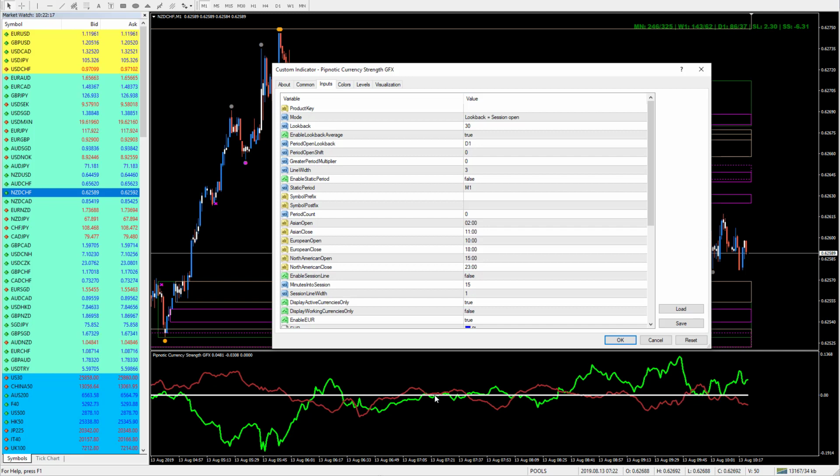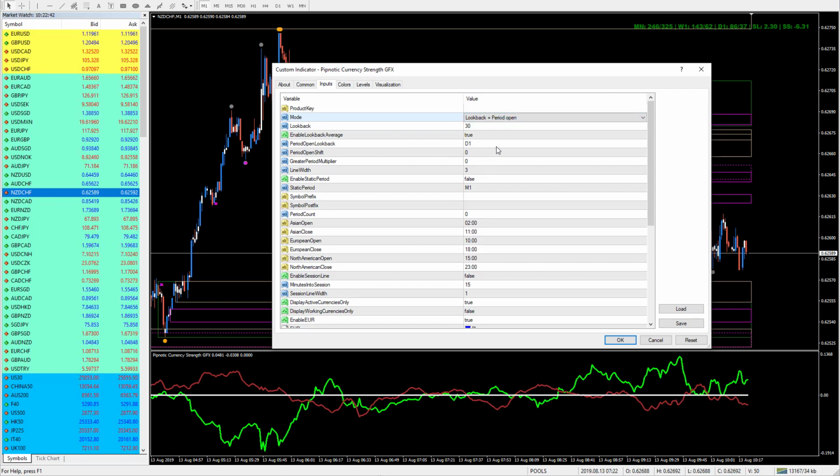It's a phenomenal tool, and it's very configurable. There are videos that discuss this, but you can tell it to calculate currency strength since the beginning of sessions. You can set it to some standard look back period, which could be 30 periods, whatever period you're looking at. But it can also be used to look for currency strength since the open of a given period.